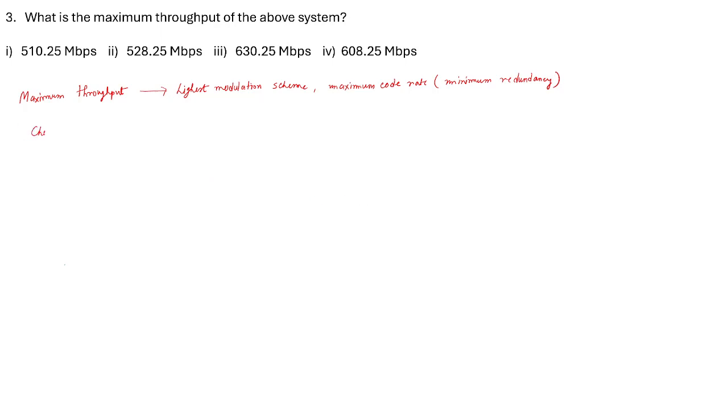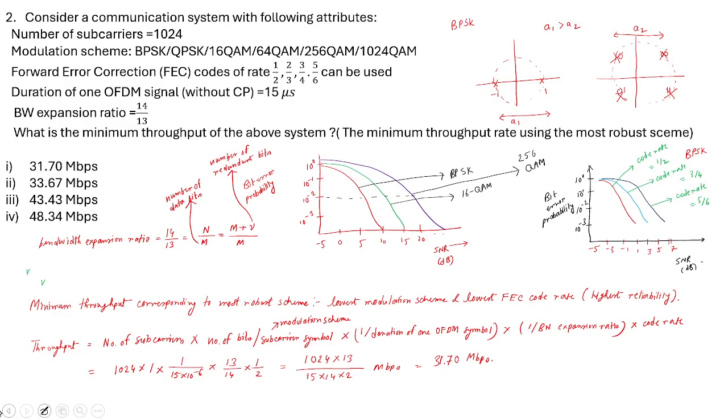So our choice of modulation scheme is going to be 1024 QAM, since this is the maximum available for this given communication system here.